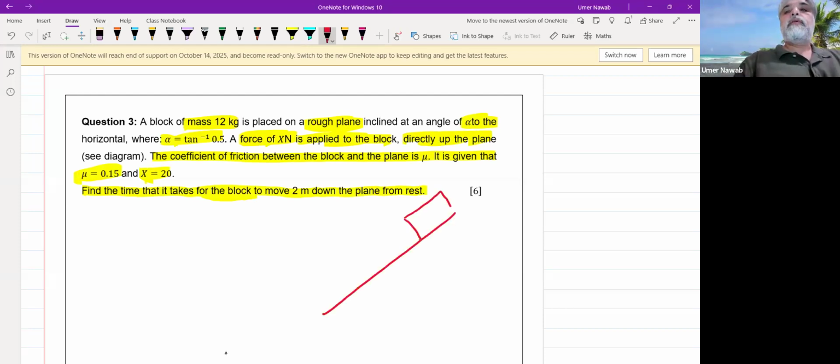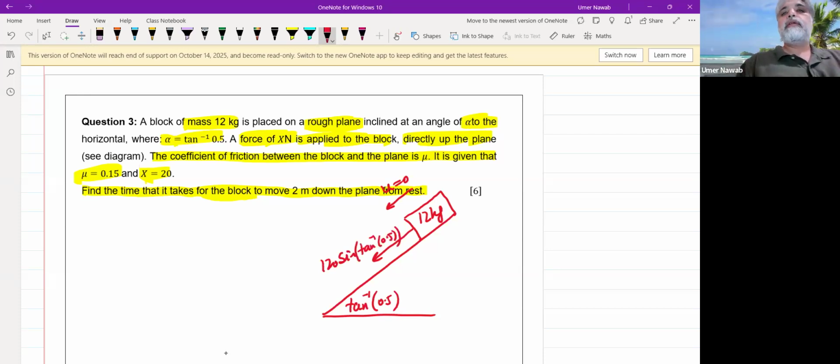So this is 12 kg. So u is equal to 0. And the angle is inverse tan of 0.5. Weight component 120 sine of inverse tan of 0.5.